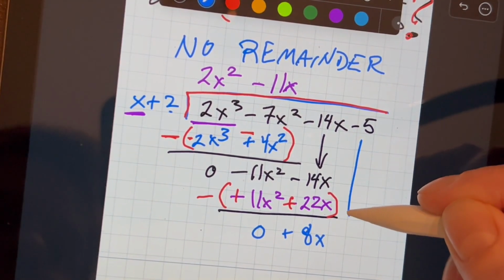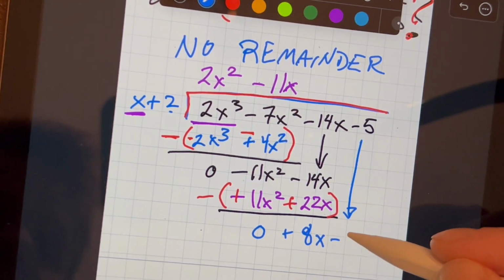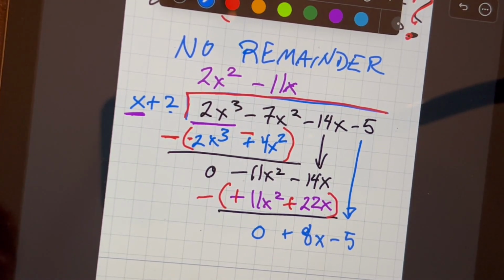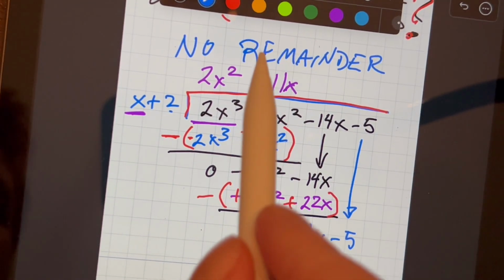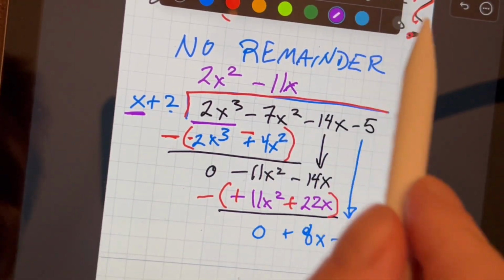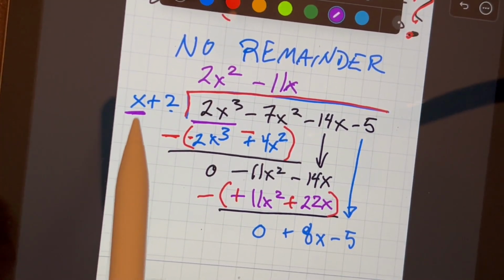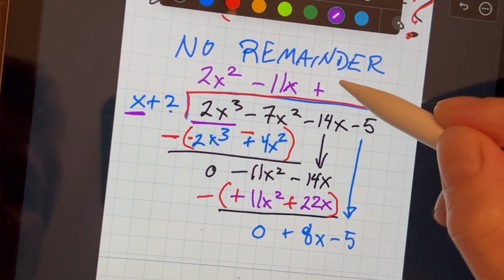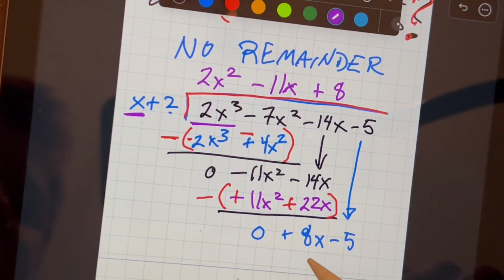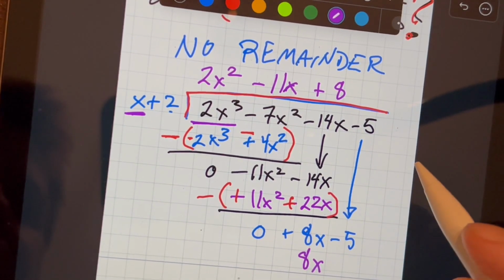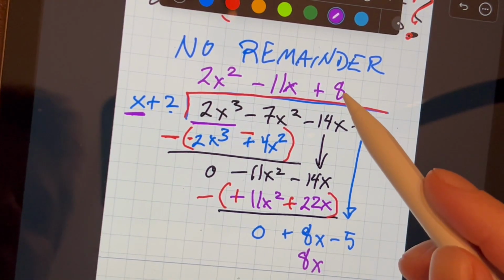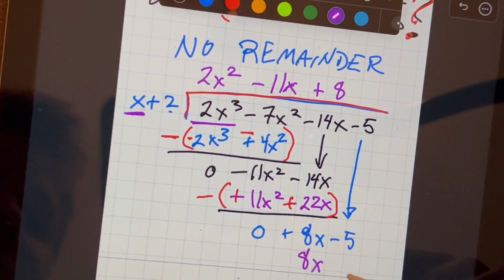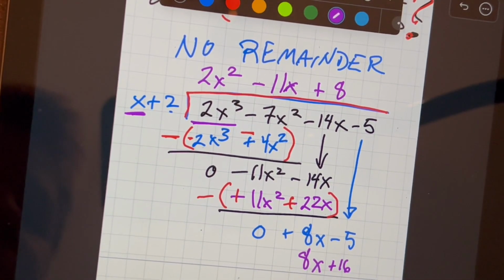And we bring this down, negative 5. Now you ask yourself one last time, what do you multiply x by to get 8x? You multiply by 8. 8 times x is positive 8x. We don't write it because it's implied. 8 times 2 is positive 16.